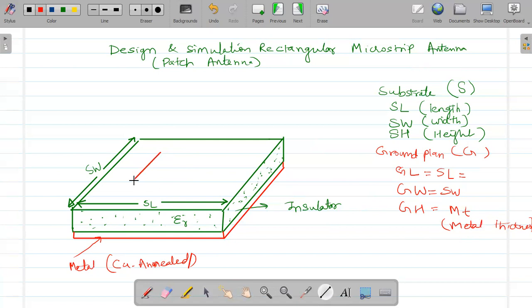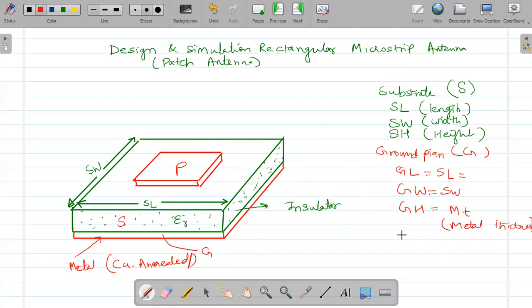So let me make another structure here. It is the patch structure, of a small thickness equal to the thickness of the ground plane, like this, and we'll name it P. P is for patch, S is for substrate, and G is for ground plane.